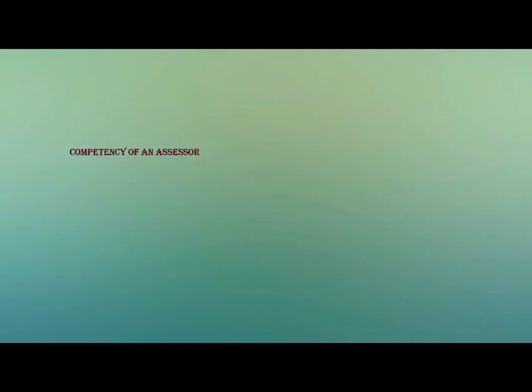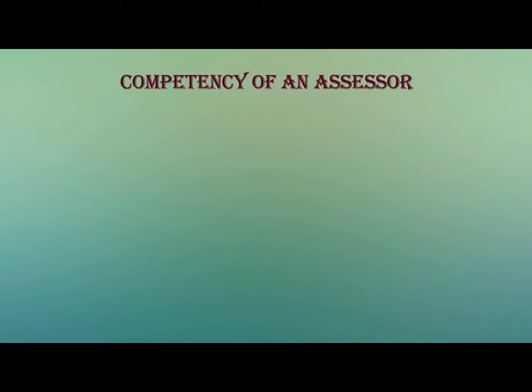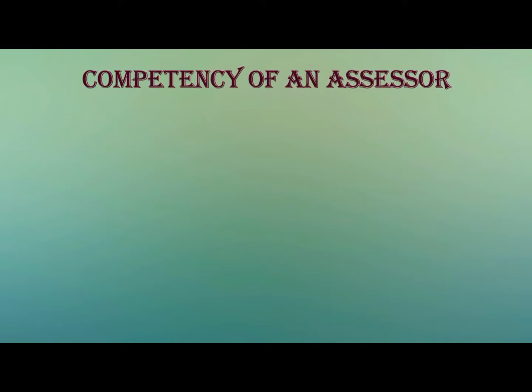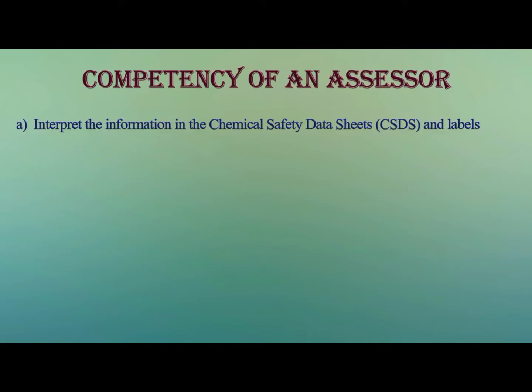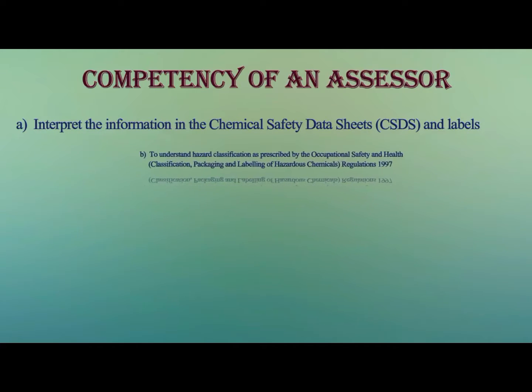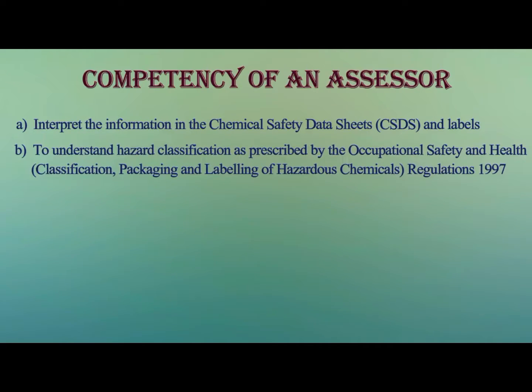The second part is about competency of an assessor. The would-be assessor should have the abilities to A. Interpret the information in the Chemical Safety Data Sheet, CSDS, and labels. B. To understand the hazard classification as prescribed by the Occupational Safety and Health Classification, Packaging, and Labelling of Hazardous Chemicals Regulations 1997.